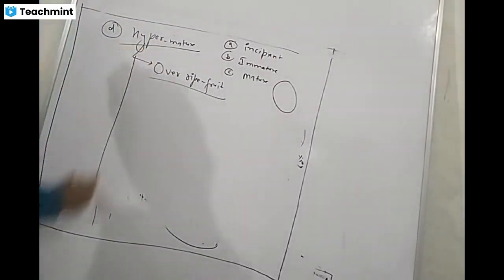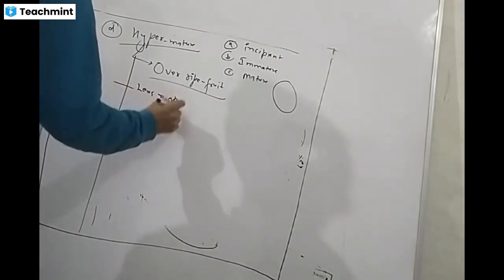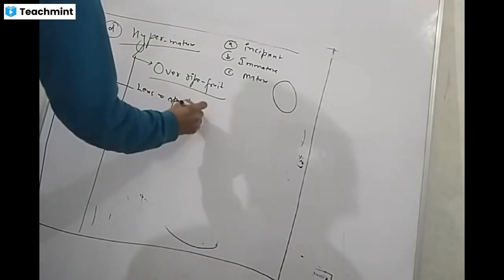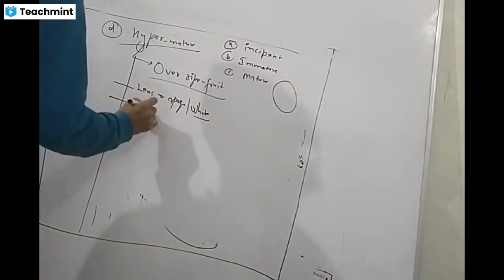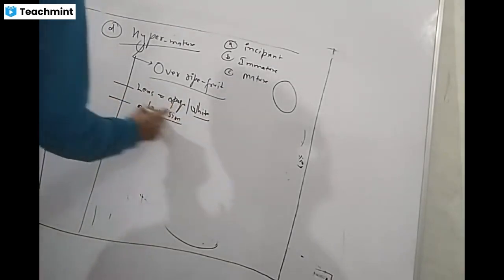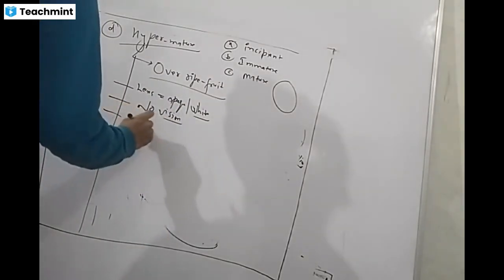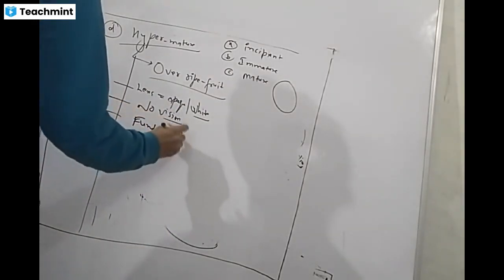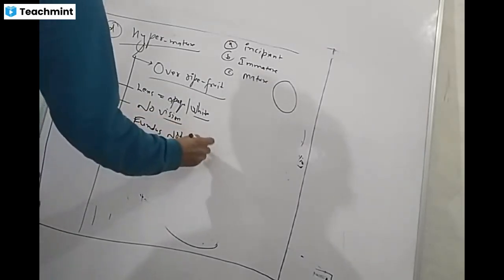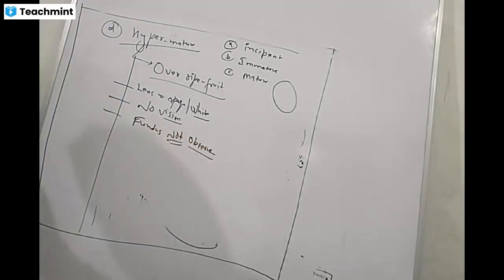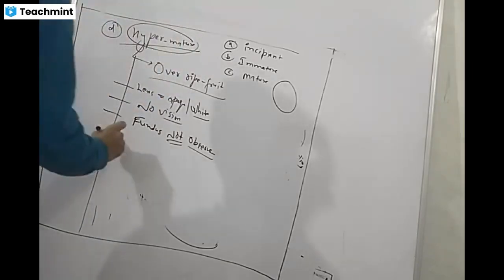In hypermature cataract, your lens is fully opaque. Just like the previous, it is white. Similar to mature, there is no vision.